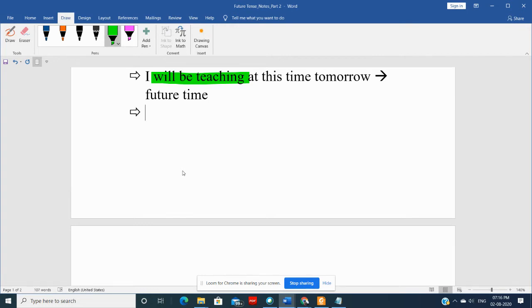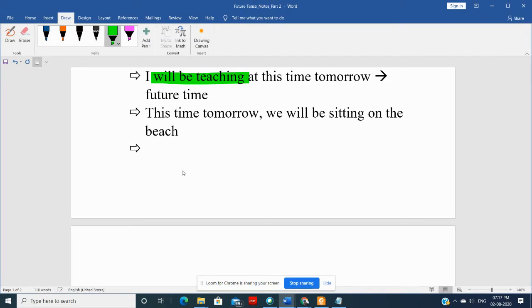For example, this time tomorrow we will be sitting on the beach. Now here, we are quite sure about it, that at this time, definitely we'll be sitting at the beach. Okay?